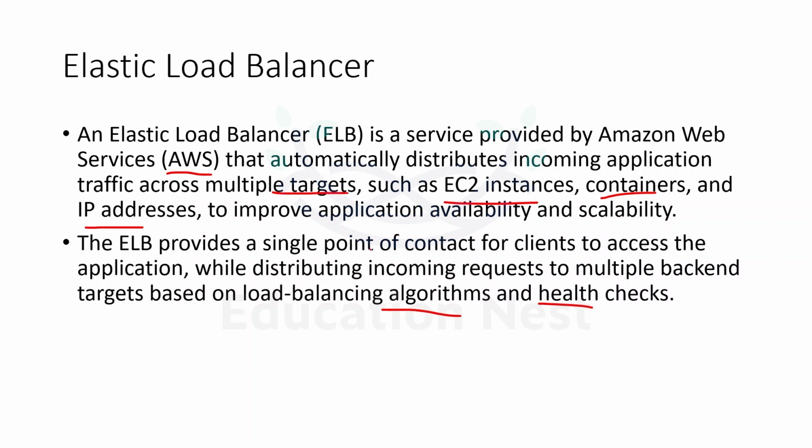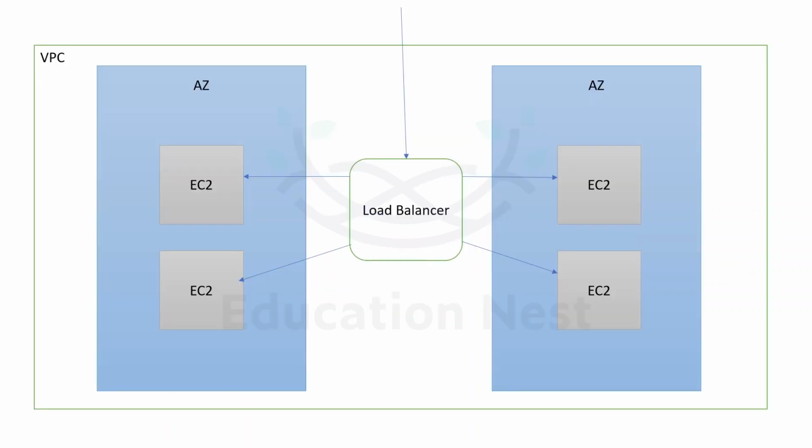It can also load balance between different Lambda functions. So this is the basic introduction of our load balancer. Now if you look at this diagram, you will be able to easily understand that we have multiple requests coming from the internet. This load balancer is web facing, right?